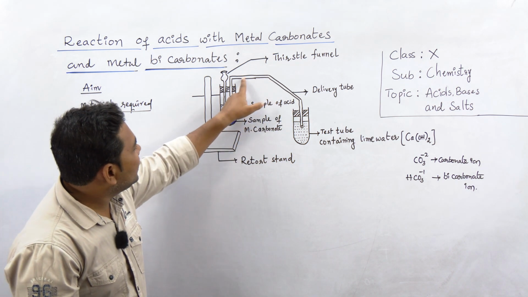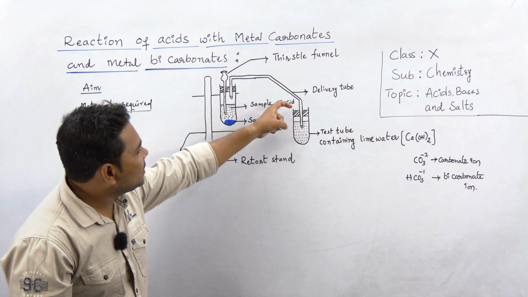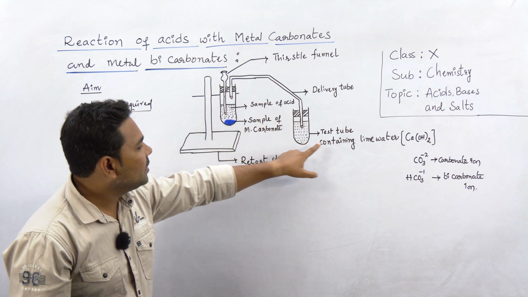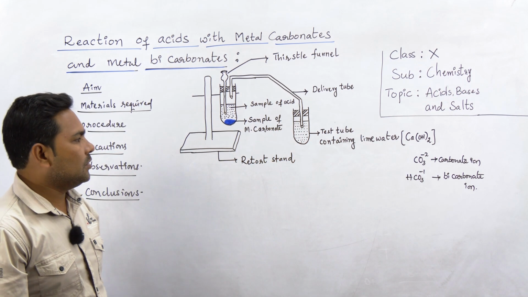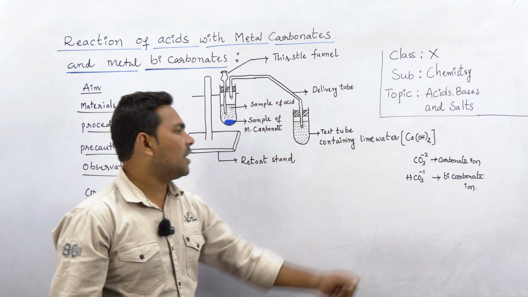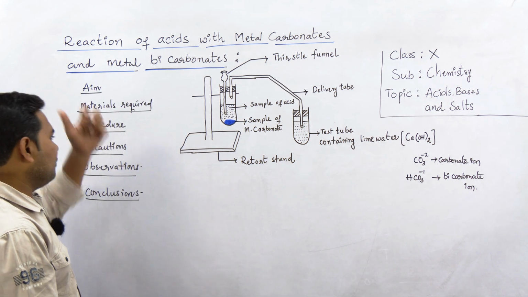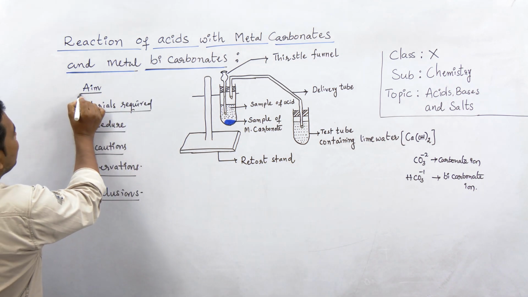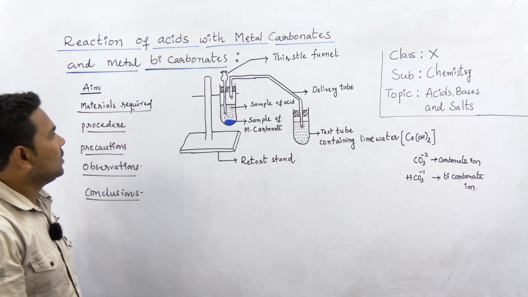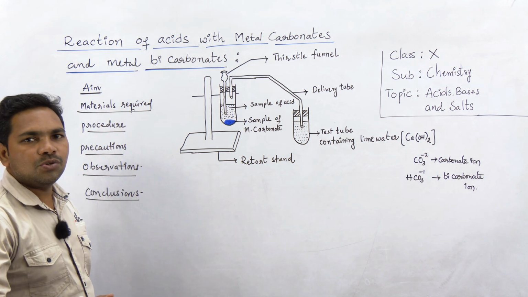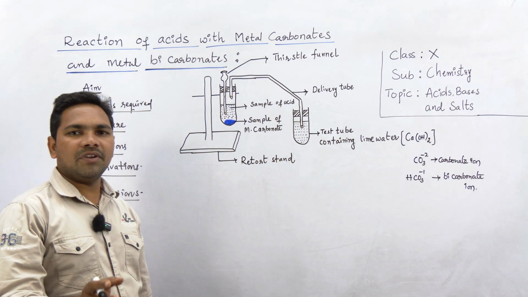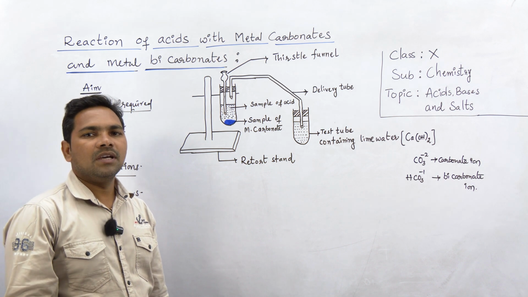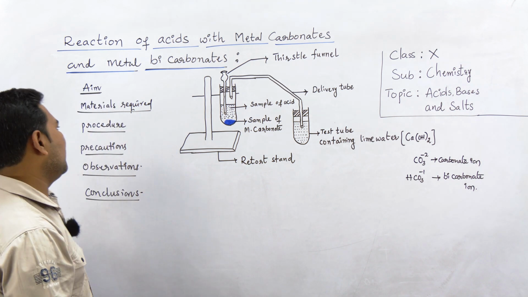The other end of the delivery tube is inserted into another test tube containing lime water. You can see the formula of lime water, calcium hydroxide, right? Now, let us see one by one. Aim of the experiment: what is the aim? The aim is to understand the reaction between acids and metal carbonates, and acids and metal hydrogen carbonates.